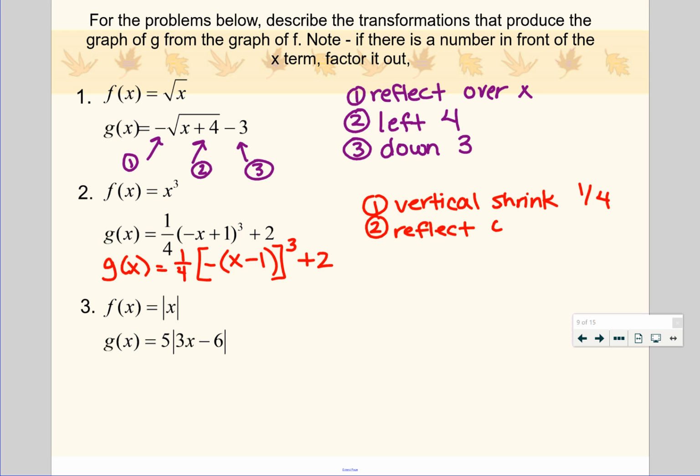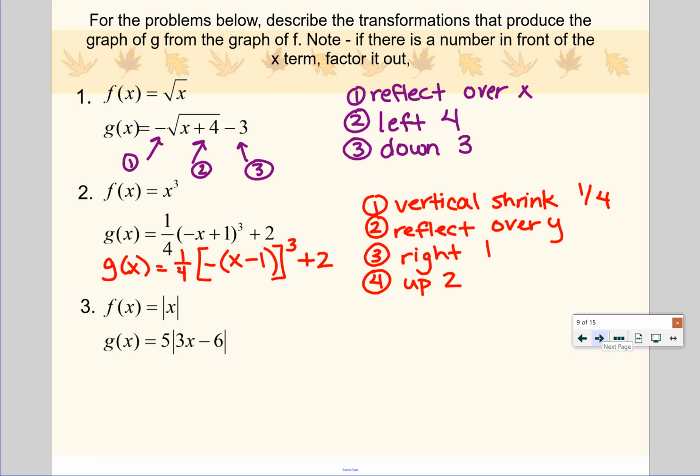Reflect over y. I have a -1 on the inside. What does that do? Again, that's that C value. In this case, it's negative. Moves it right. How many units? 1. And then the last one, the +2 at the end. That's a D value. It's added on the outside. Up 2.